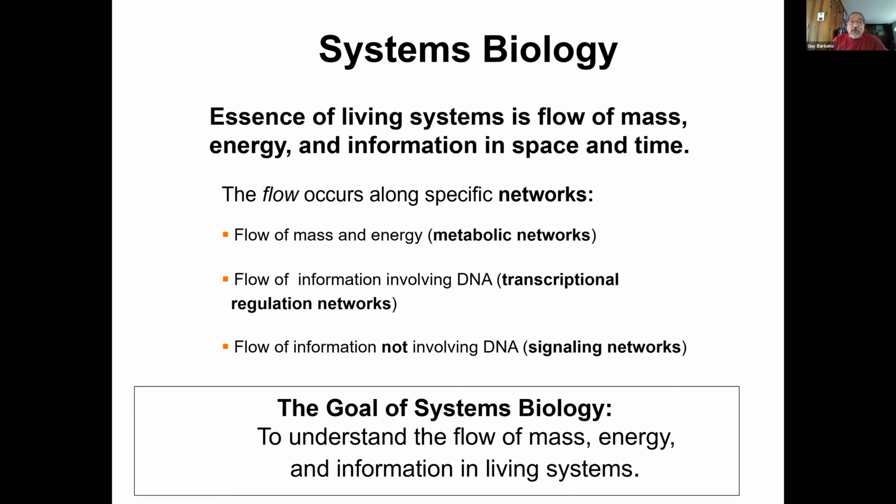And also, what about the flow of information not involving DNA? In this case, what we're really talking about is signaling. What kind of proteins or RNA signal expression of different proteins, control of different DNA elements? So we really have this whole idea of these individual networks.